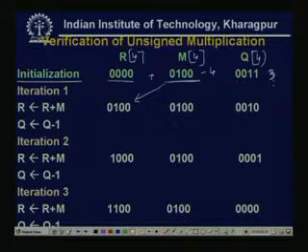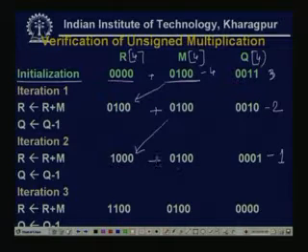It was 3, so Q minus 1, now it becomes 2. Now, in iteration 2, again R is R plus M. These two are added and it becomes 1 0 0 0. M no change, Q becomes Q minus 1, which is 1.